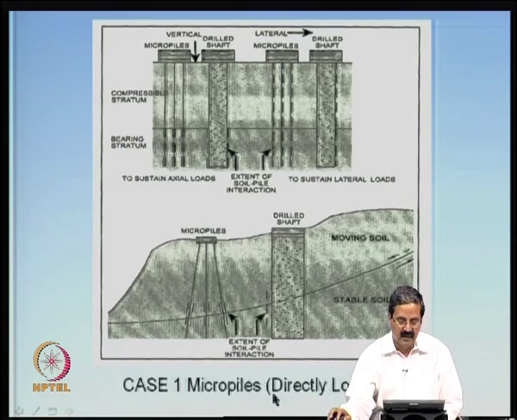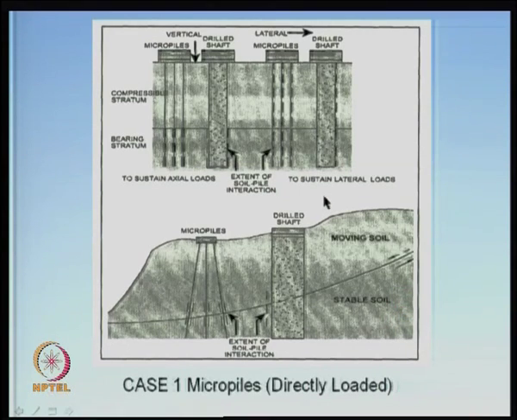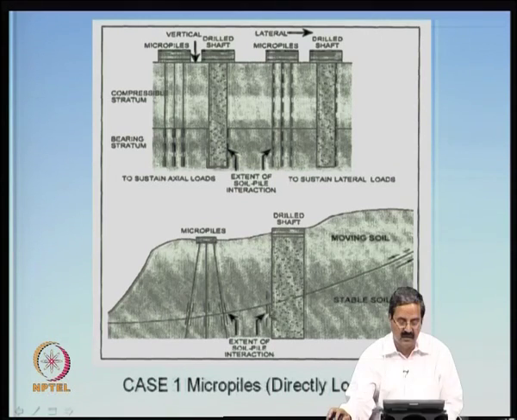This is called directly loaded materials, like case 1 micro piles, where these materials are loaded directly and then you get the advantage. Here you are trying to design it for the vertical component.